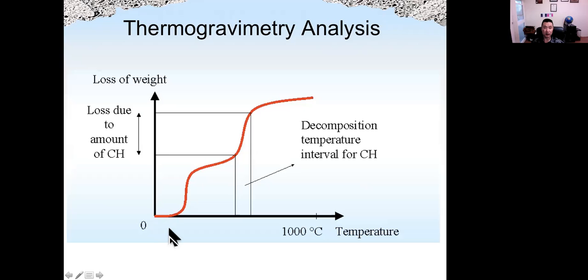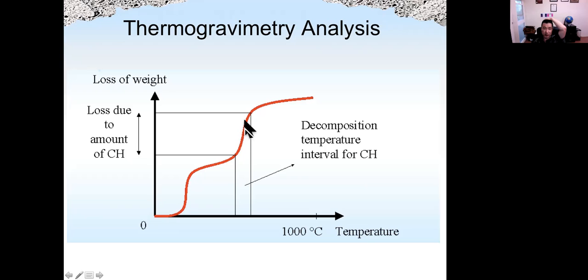Here I show an example of thermogravimetric analysis, temperature versus time. For example, if we know the decomposition temperature of calcium hydroxide is around, for example, 500 degrees, and at this temperature we see a change, a loss of weight of the sample.